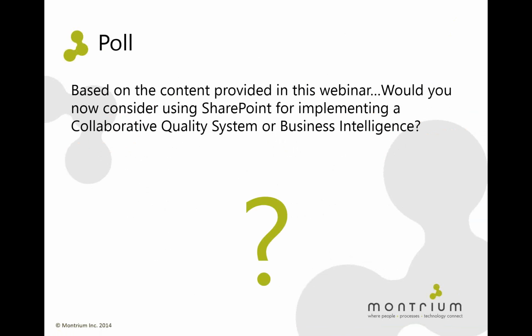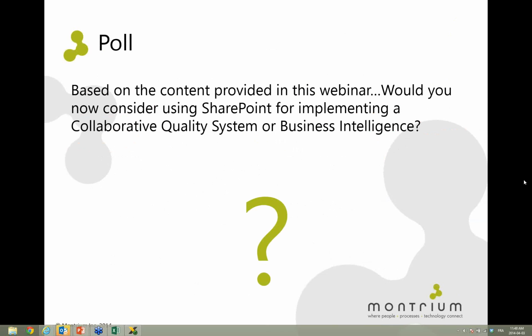So with that, I'm going to just put out a last poll. Based on the content that we provided you in this webinar, would you now consider using SharePoint for implementing a collaborative quality system or for business intelligence? If I could get you to vote for me.